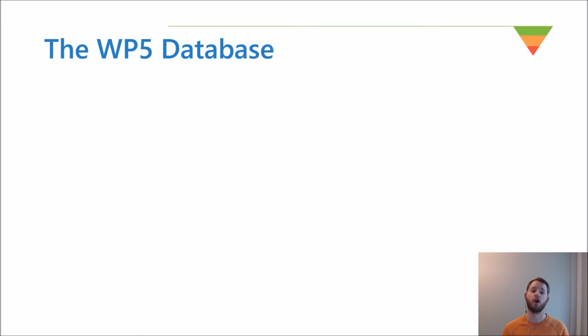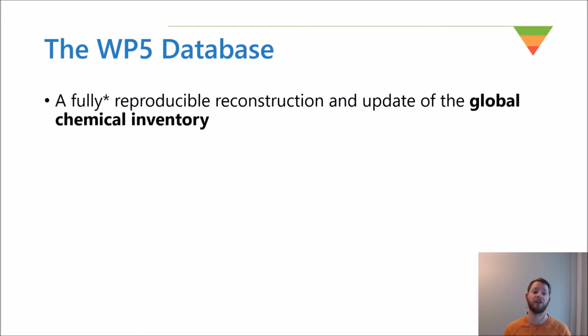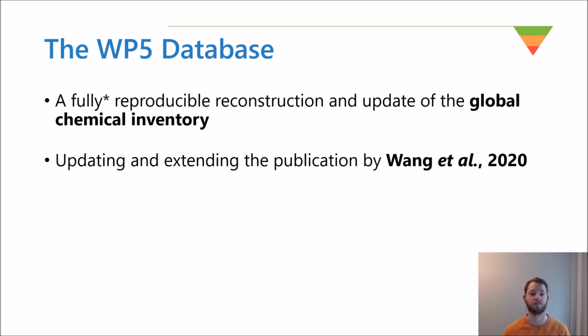So let's talk a bit about the Work Package 5 database. We aim at having a fully reproducible reconstruction and update of the global chemical inventory. And I say fully reproducible with a little asterisk, because it might be that we have to anonymize certain data sets.